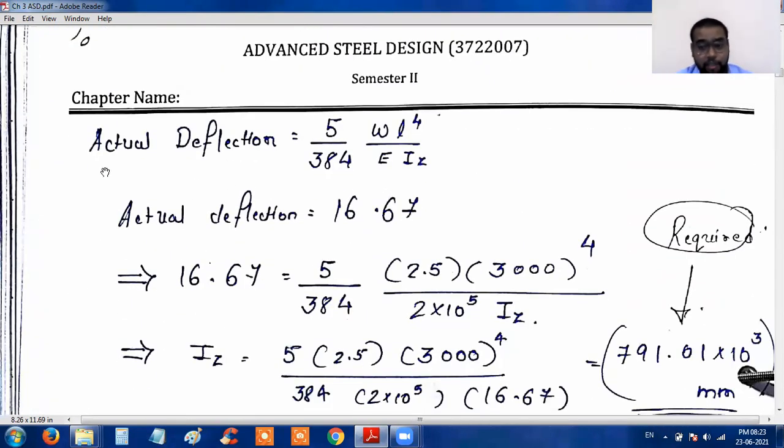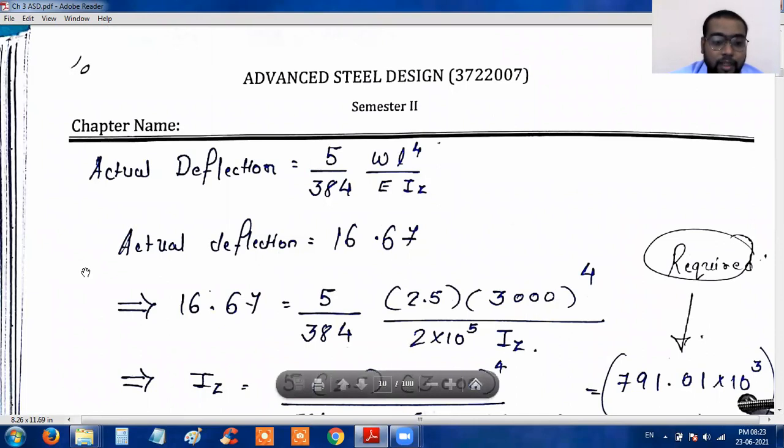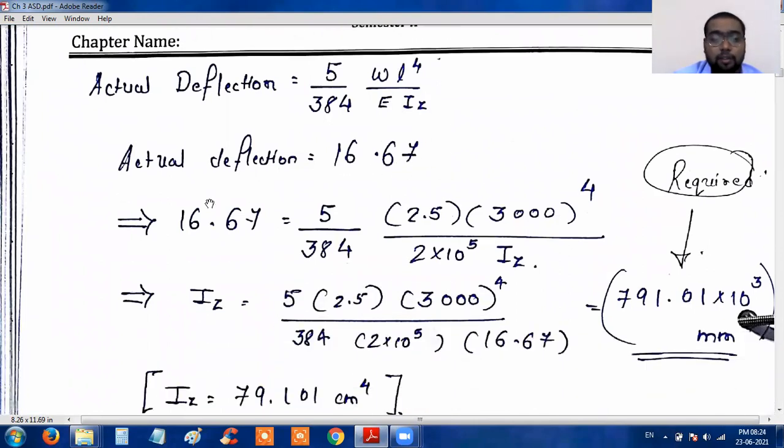Then actual deflection. Actual deflection for the continuous support, the value is found from the formula 5 upon 384 WL raised to 4 upon E into Iz. That is the formula for the continuous support. Deflection is equal to 16.67.